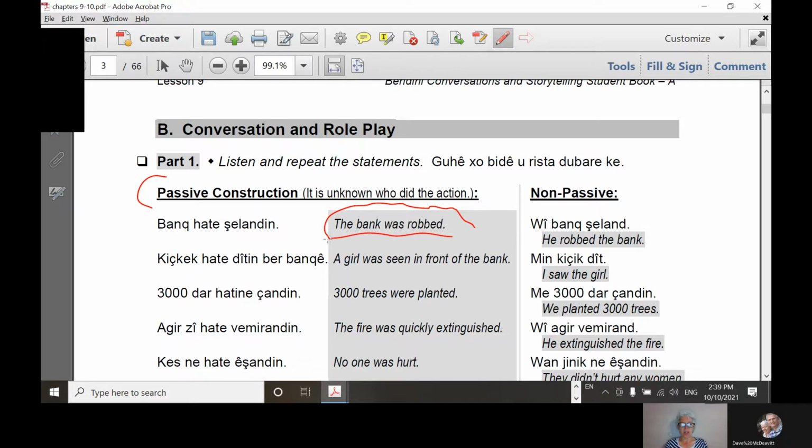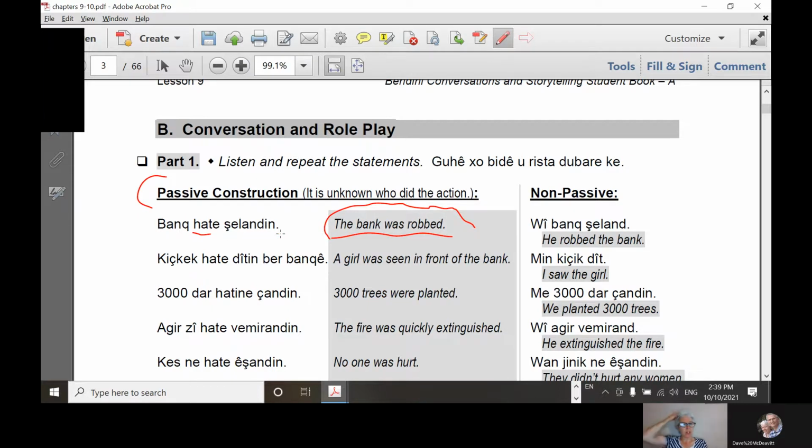And in Kurdish, this is where you use the past tense of hatten weda, and then an infinitive of your verb. And we'll get to that.